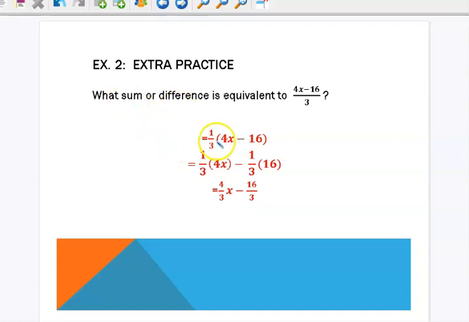First thing, we change it from being divided by 3 to being multiplied by 1/3. Okay. We apply that 1/3, right? Multiply it times each of the terms on the inside, and then we will simplify, okay, to get the answer. Okay. Again, write down any questions you may have.